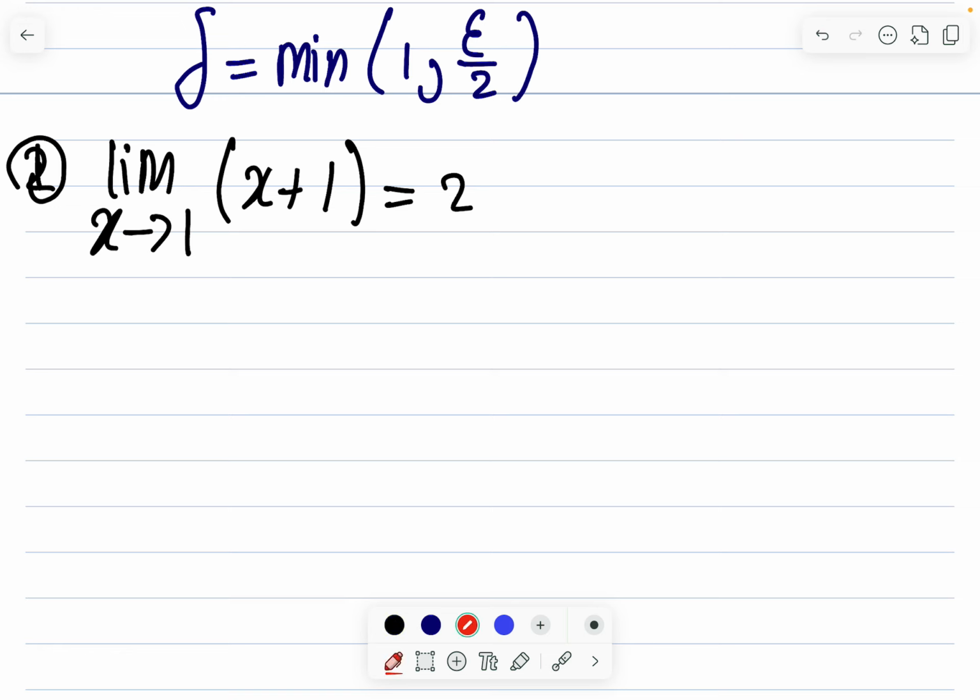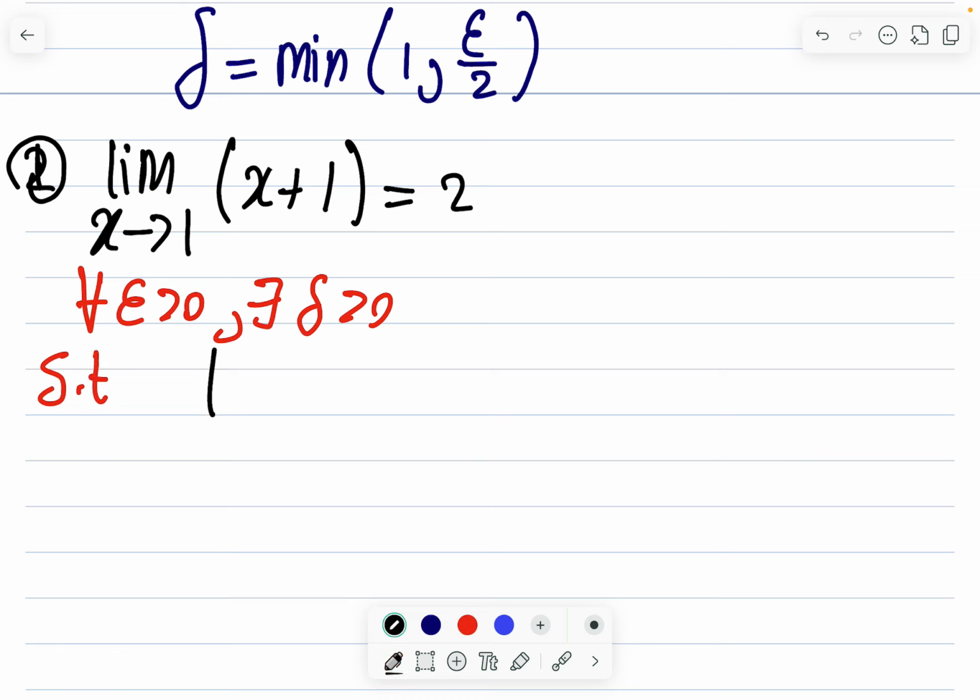You are going to write the definition. For every delta greater than 0, there exists epsilon greater than 0 such that |x − a|, our a is 1 now, so |x − 1| is less than epsilon but greater than 0.